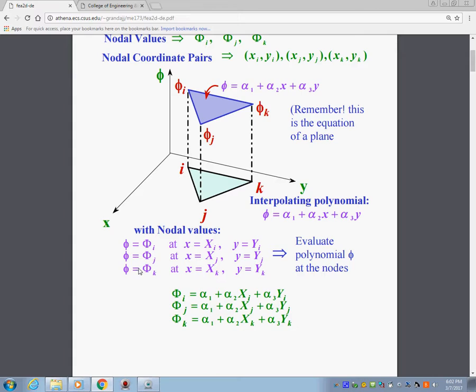So phi sub I at x sub I and y sub I, and phi sub j at x sub j and y sub j, and phi sub k at x equals x sub k and y sub k. So these are coordinate pairs.